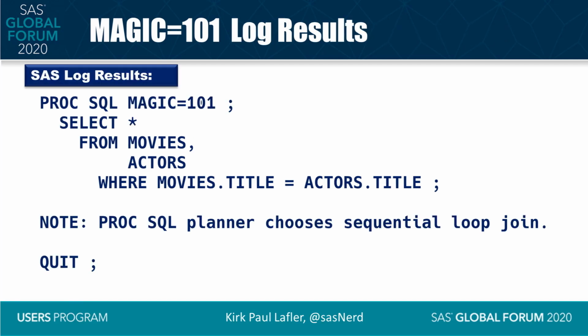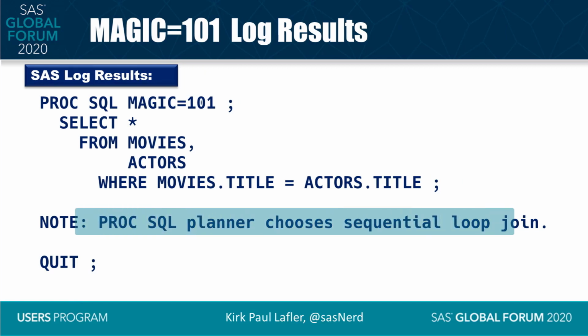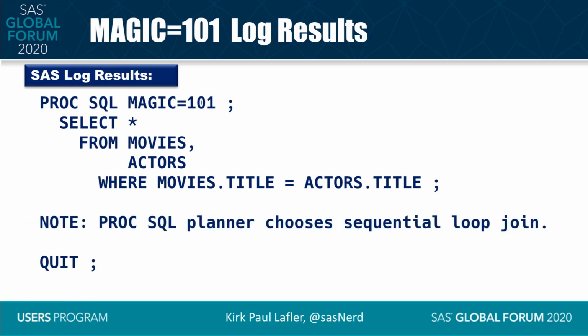The results from specifying the MAGIC equals 101 option will appear on the SAS log. The log will show a note. In this case, the PROC SQL planner chooses sequential loop join.